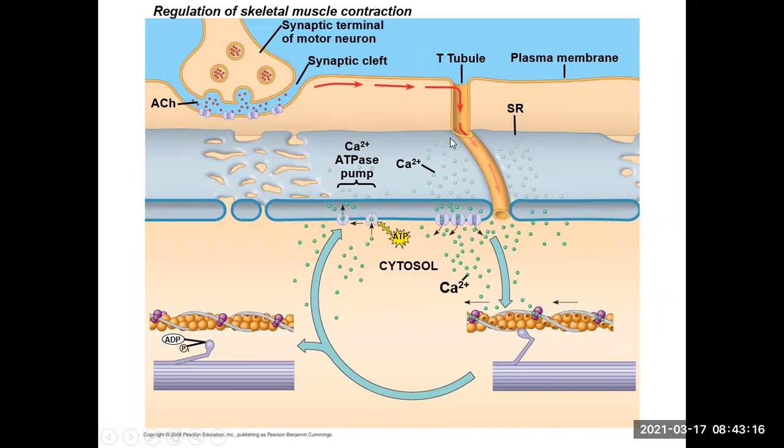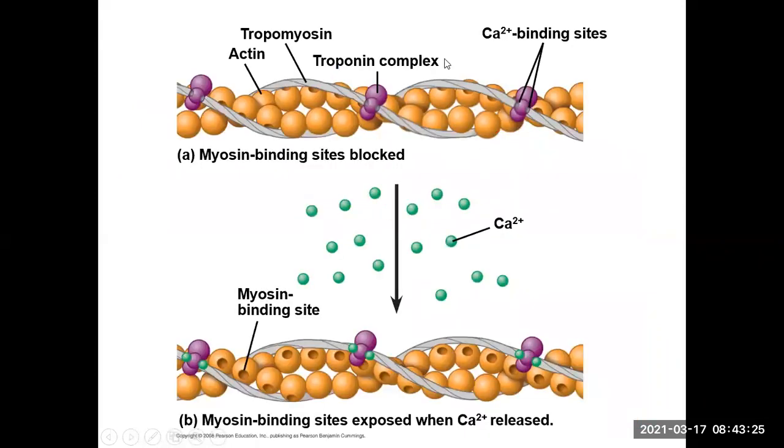When the neuron stimulates the muscle fiber, the SR releases the calcium. Why do we need the calcium? The calcium goes to the sarcomeres and binds on this site. This is the calcium binding site on this protein, called troponin.